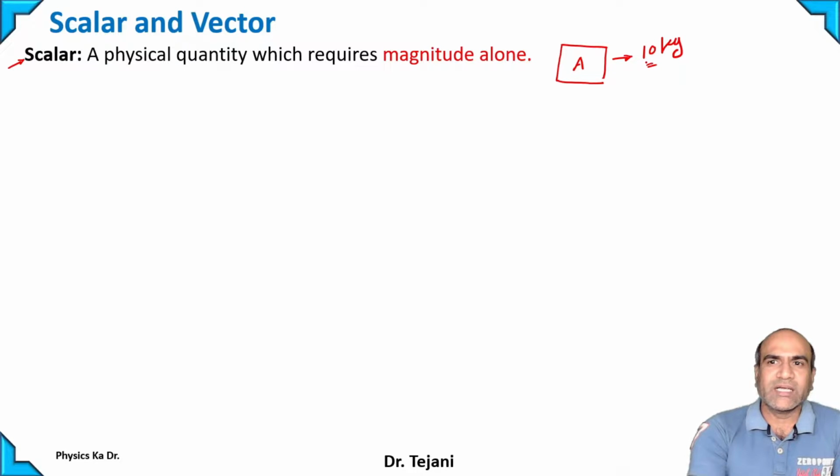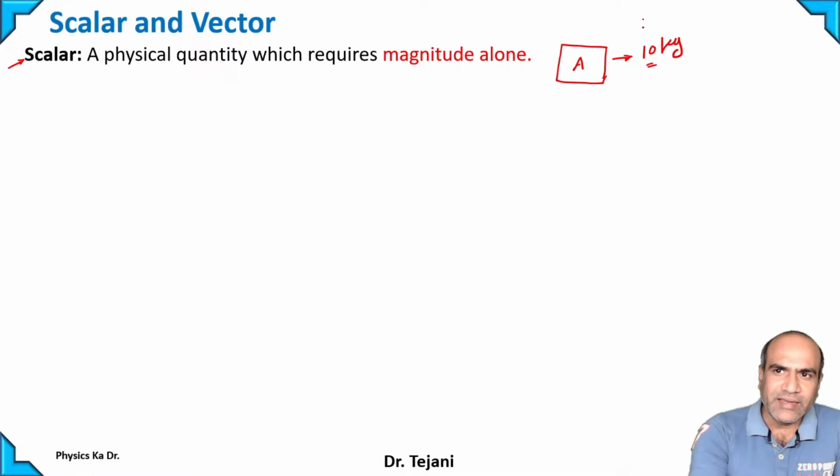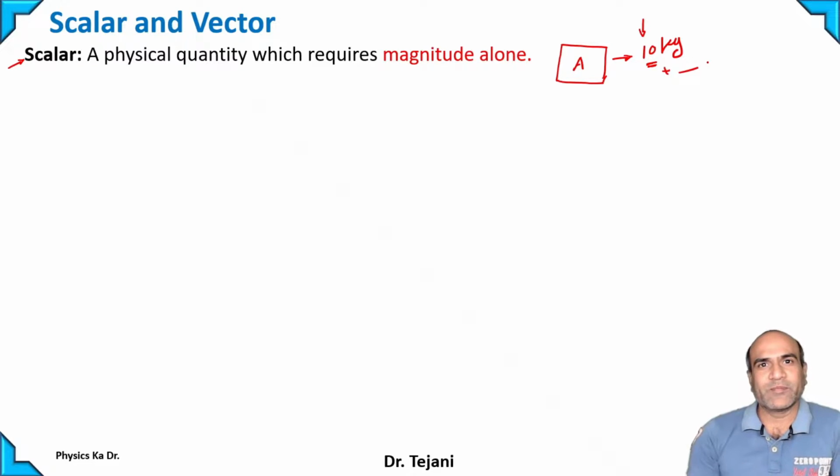So here, to show its physical quantity, I just need a number, which is the magnitude, 10 kilogram, plus its unit. These two are sufficient to show a scalar quantity. I do not need a direction.